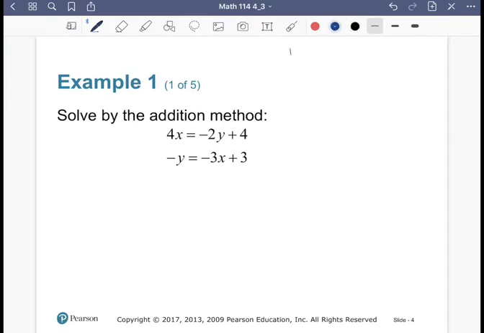For the addition method to work, remember, there are different types of linear equations or lines. The ones we know are ax plus by equals c, which is known as standard form.